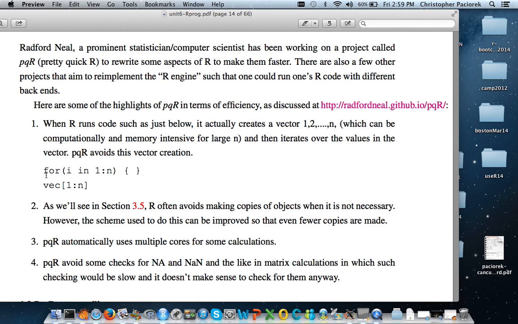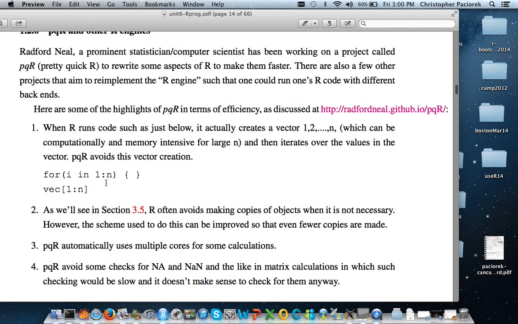Well, there's no reason that R needs to actually create that vector. You could just take this code and basically translate that as iterate through these numbers, 1 up through n, and never actually create the vector. So that's another example of sort of inefficiency that is built into sort of the standard R, but there are ways around it if you write an interpreter that doesn't actually expand this out before it evaluates the for statement. And similarly for sort of like subsetting from a vector in this sort of way.